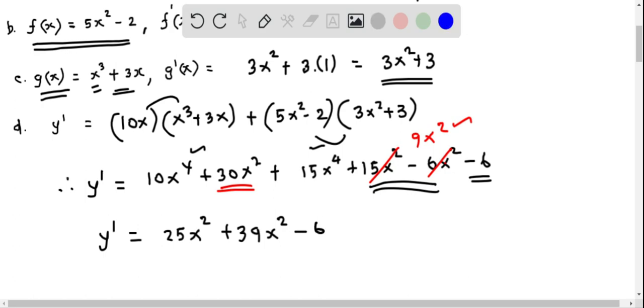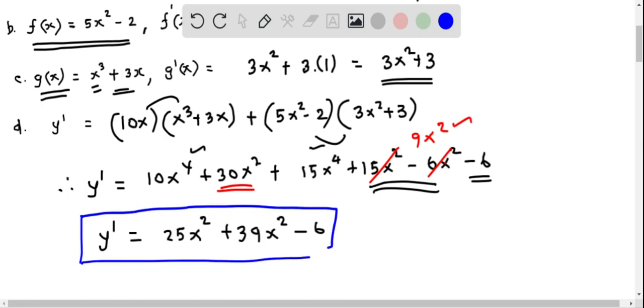So therefore, this expression y prime, the derivative of y, is 25x to the power 4, because we are adding 10x to the power 4 plus 15x to the power 4. It's 25x to the power 4 plus 39x squared minus 6, which is the expression for the derivative of y.